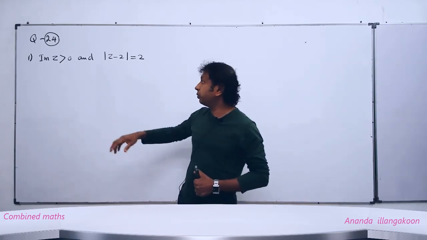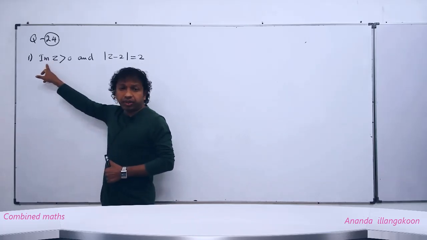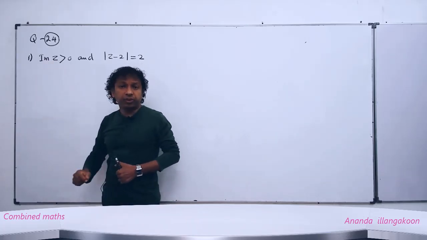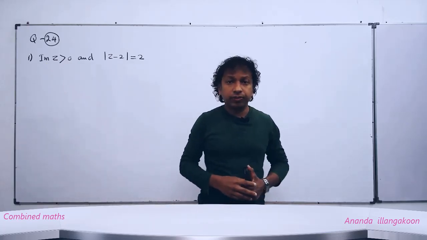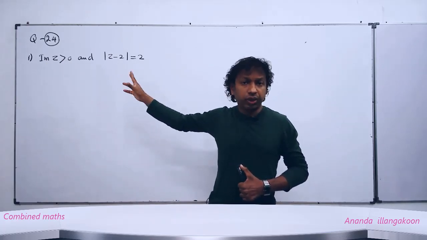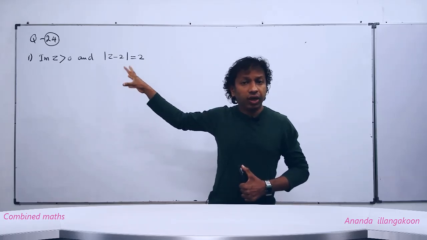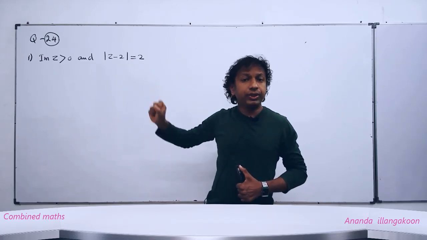And here also, a complex number Z whose imaginary part is positive is not just one complex number. There are many. So these two together give two paths, and we are asking for the common region of these two paths.